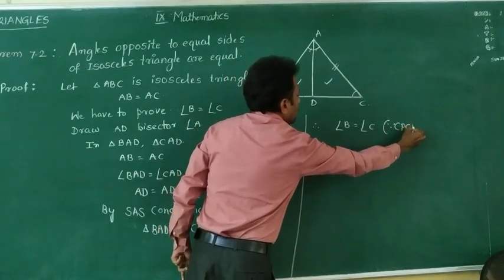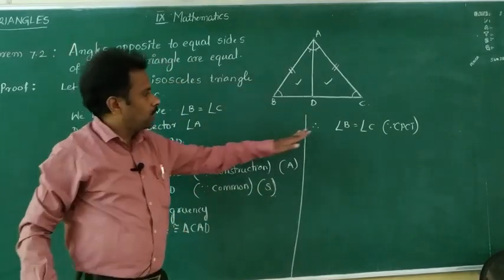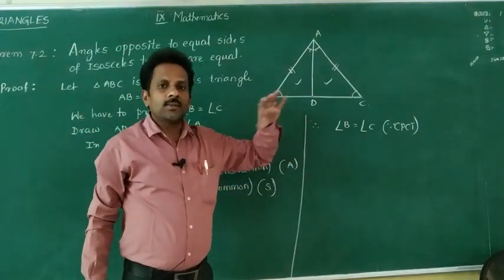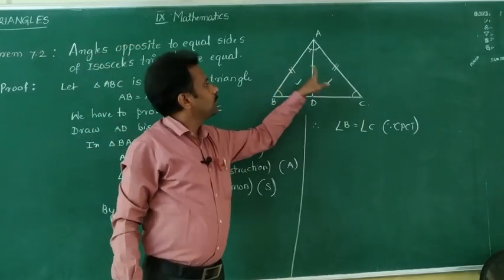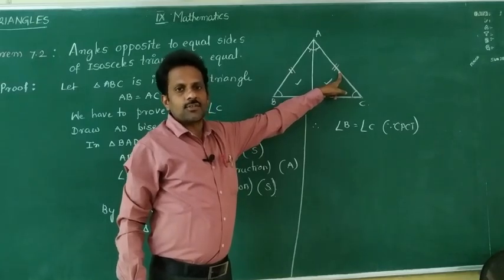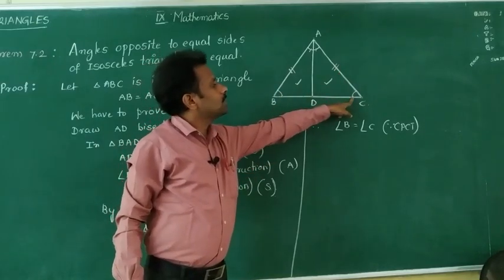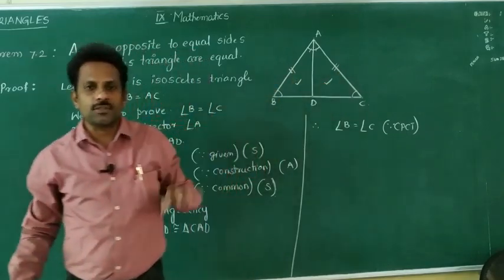Because they are corresponding parts of congruent triangles. So hence we proved that in an isosceles triangle, angles opposite to equal sides are equal. So this is the proof, children.